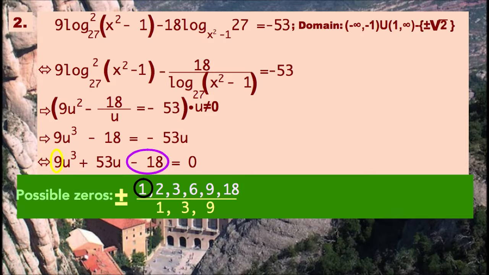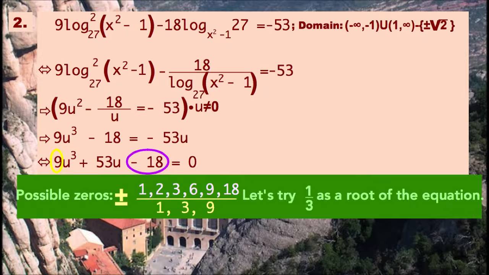Now, the possible zeros are 1, 2, 3, 6, 9, and 18, as well as the potential fractions, 1/3, 2/3, 1/9, and 2/9. The reason why I didn't go through and test the rest of them is that if you were to sit here and do them out, you would see that they all simplify to the ones I've just described.